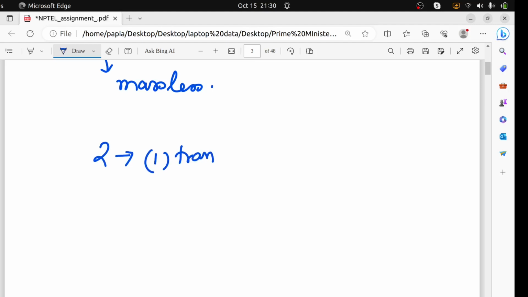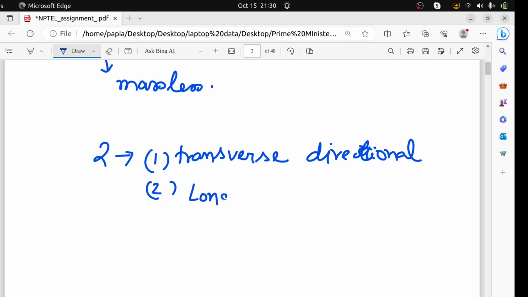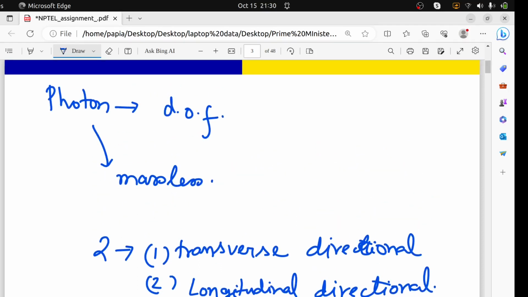One is transverse, and another one is longitudinal. So photon has 2 degrees of freedom as it is a massless particle. If it is a massive particle, then there will be 3 degrees of freedom. As photon does not have any mass, that's why photon has 2 degrees of freedom.